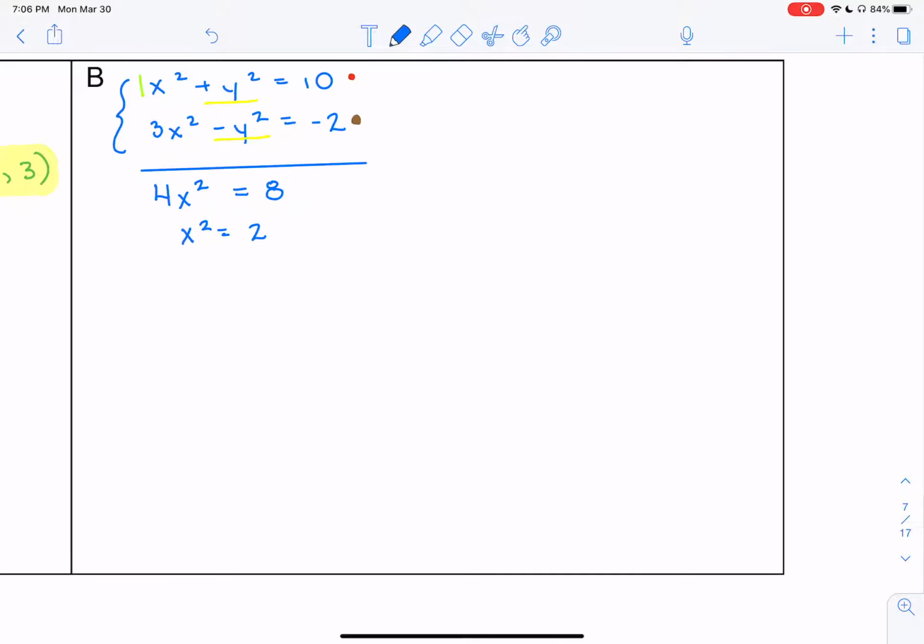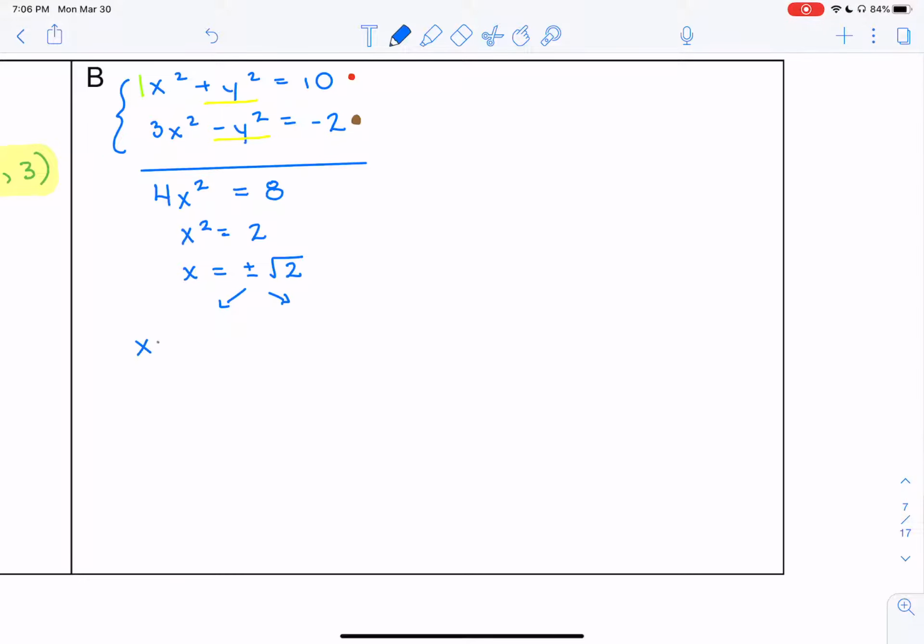And I am going to square root both sides. When I do that, I introduce a plus minus. I'll show it to you the way you've usually seen it. Okay, x equals plus or minus root 2. But now I want you to think about that actually meaning 2 solutions.